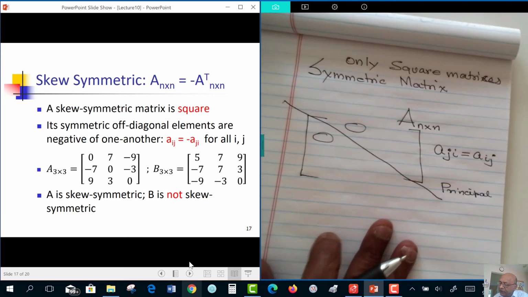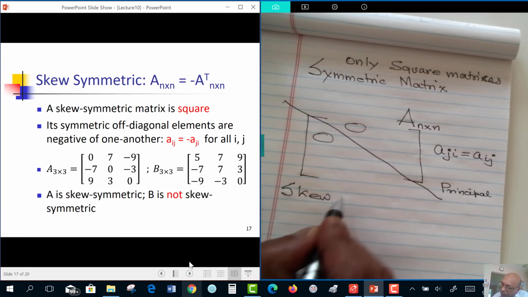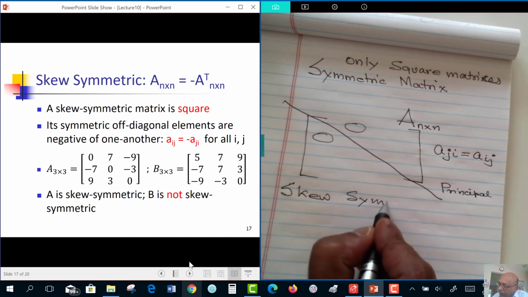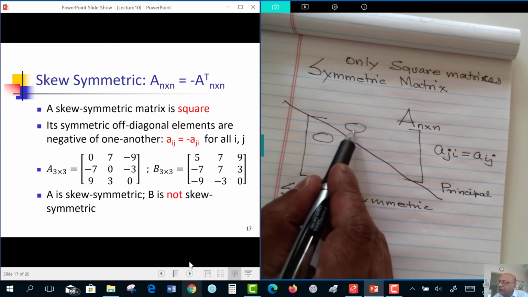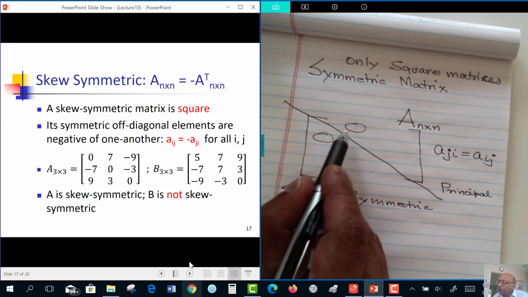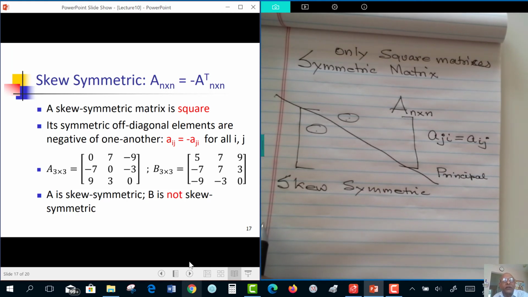Another kind of matrix is called skew symmetric. In skew symmetric, the off diagonal elements are opposite, same magnitude but opposite in sign to one another.